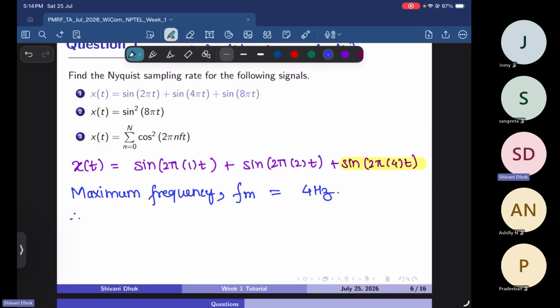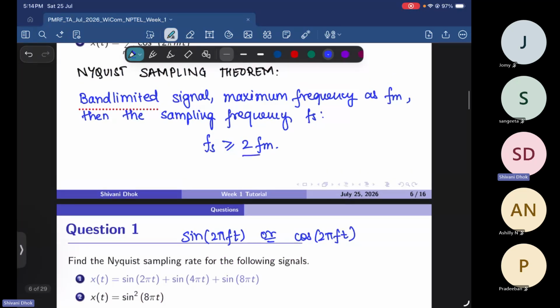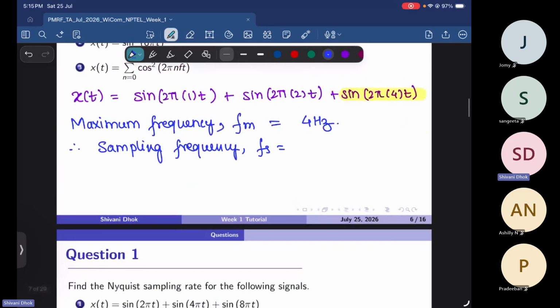Therefore the sampling frequency, the minimum Nyquist sampling rate, is the minimum sampling rate that you can use. It's 2 times FM, which is equal to 8 samples per second.